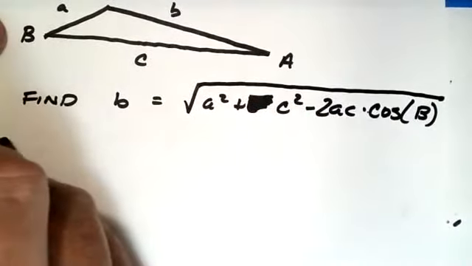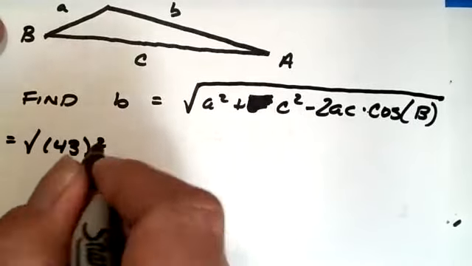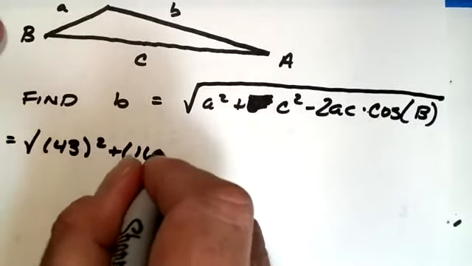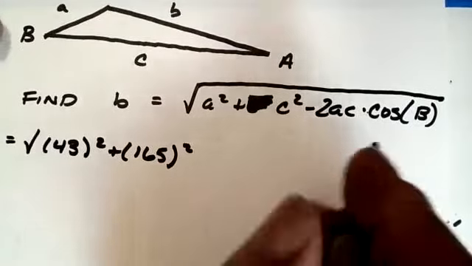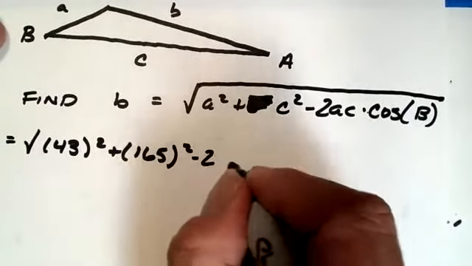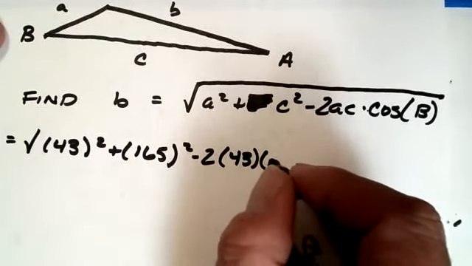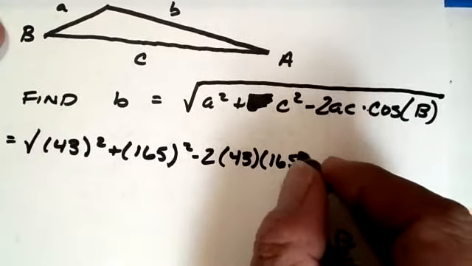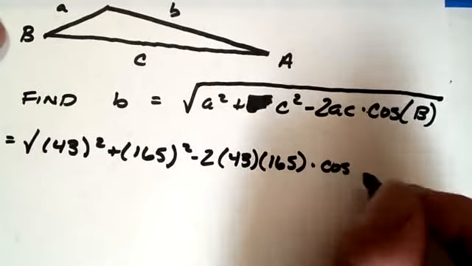To put in the values, this will be the square root of 43 squared plus 165 squared minus 2 times 43 times 165 times the cosine of 24 degrees. Now, this can get a little bit complicated using my calculator because of order of operations.